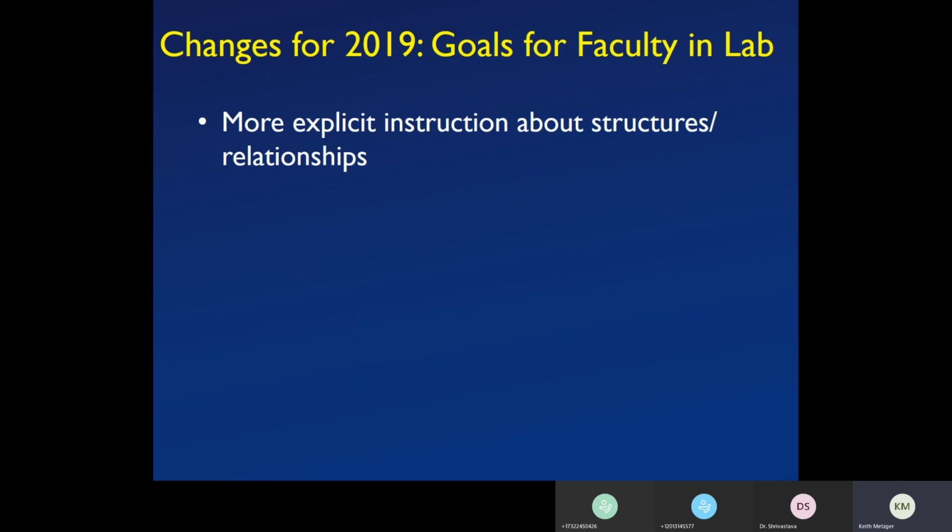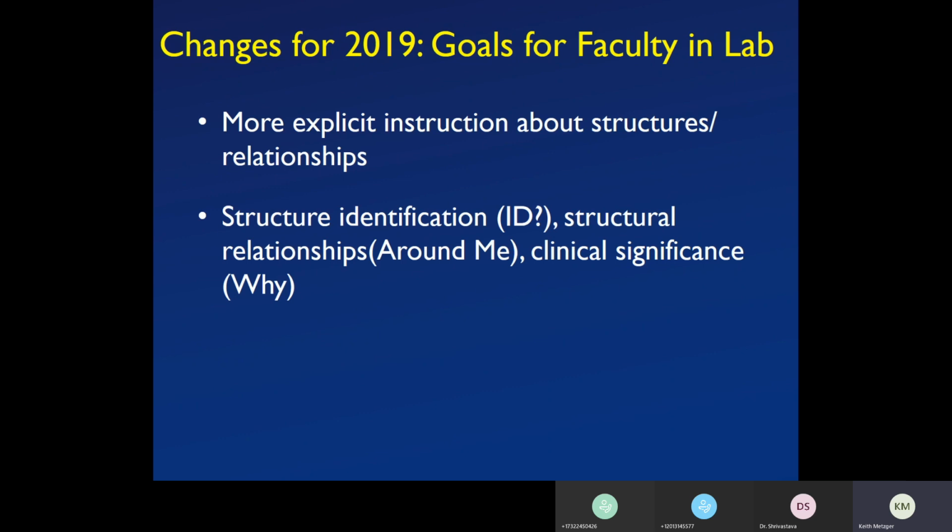We're going to have lists of structures that we will provide, and I'll give you a little in a second a way that we'd like you to approach any of the encounters that you have with the students. So we've given you this list of structures and anatomical relationships, and the 3 things that we'd like you to focus on in an encounter with students are structure identification, structural relationships, and clinical significance.